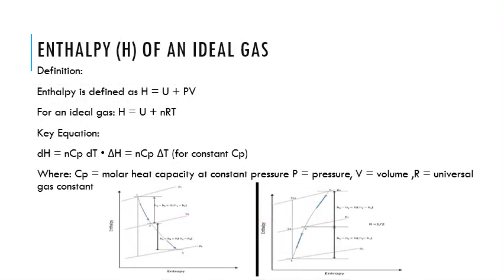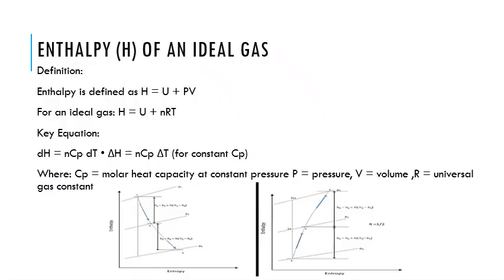Enthalpy H of an ideal gas. Enthalpy is defined as H is equal to U plus PV. It's the sum of internal energy plus the energy needed to push back against the atmosphere as the gas expands. For an ideal gas, H is equal to U plus nRT.